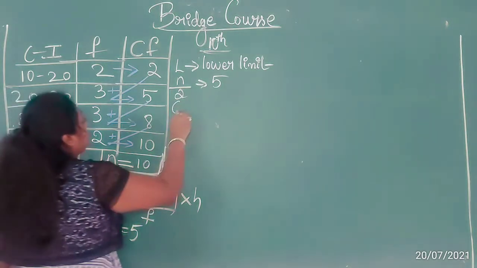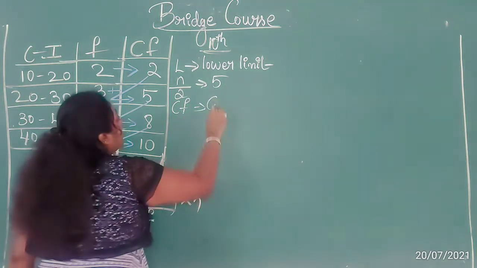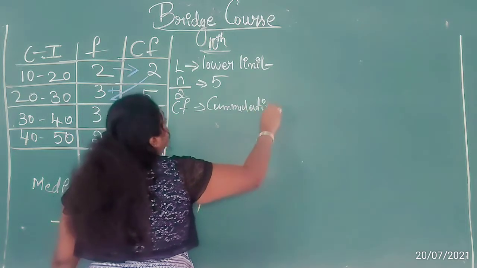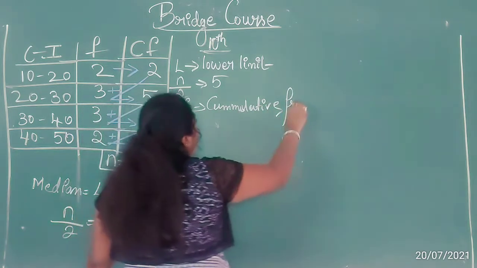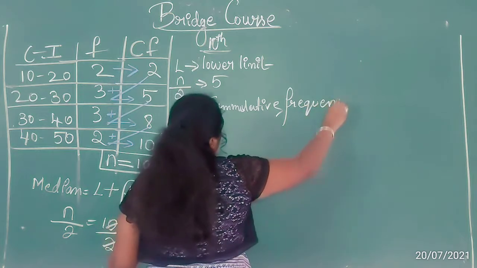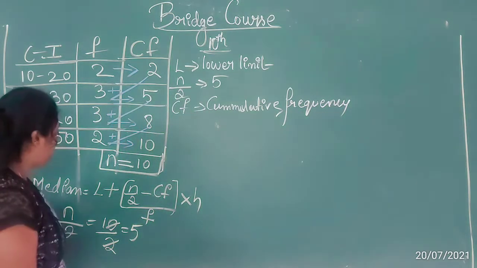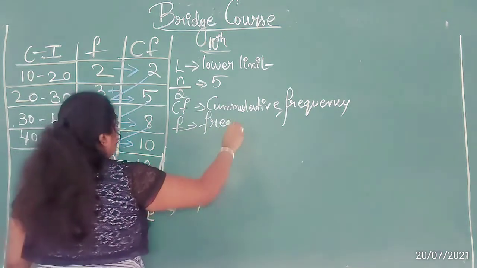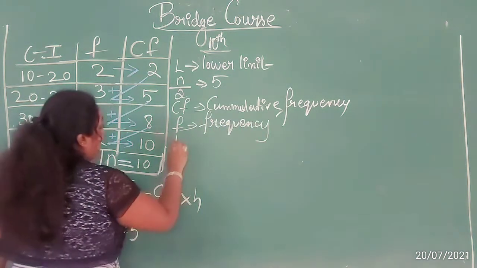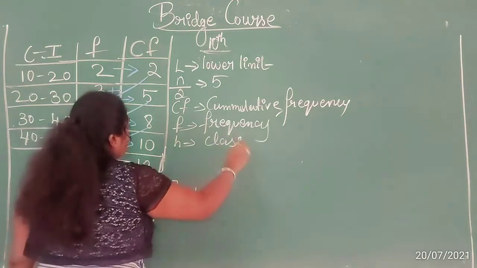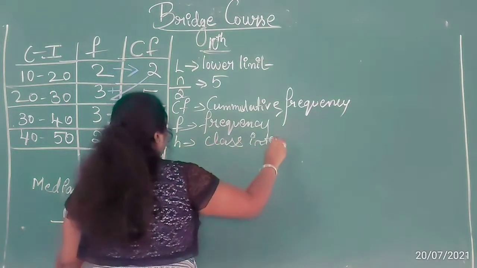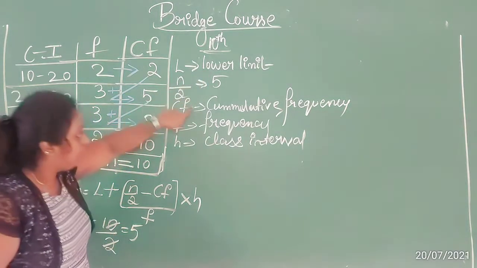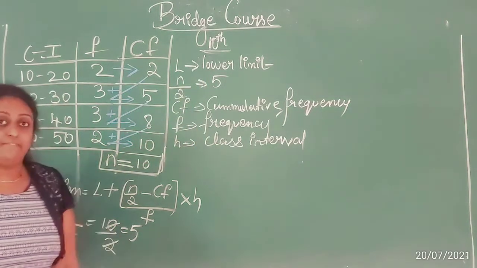CF is cumulative frequency. F is frequency. And H is class interval. Now let me tell what these lower limit, cumulative frequency, frequency and class interval values are.